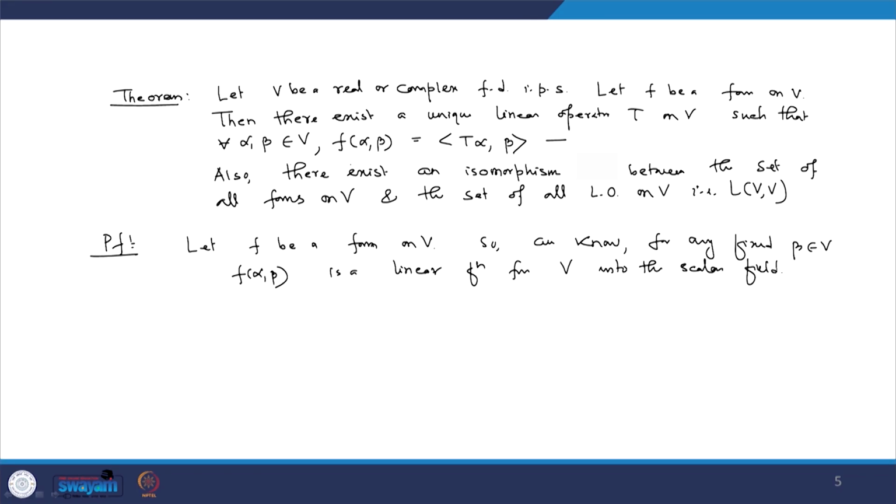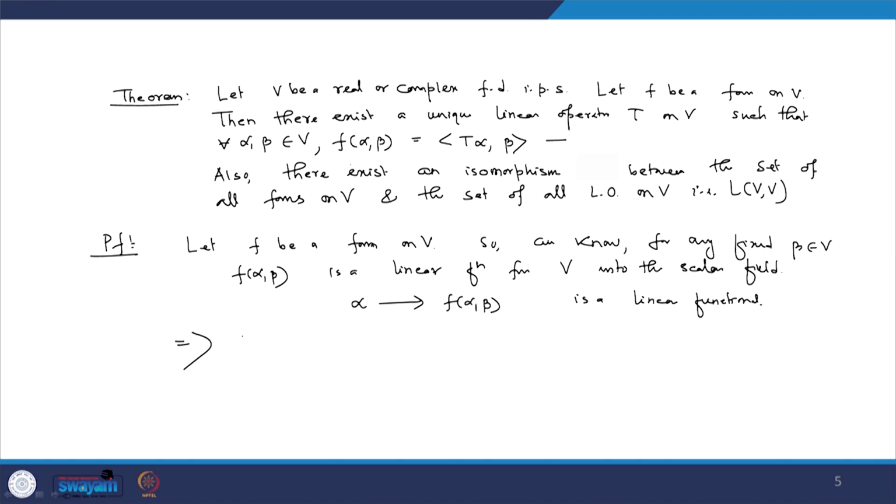That is, alpha to f of alpha, beta for any fixed beta is a linear functional.